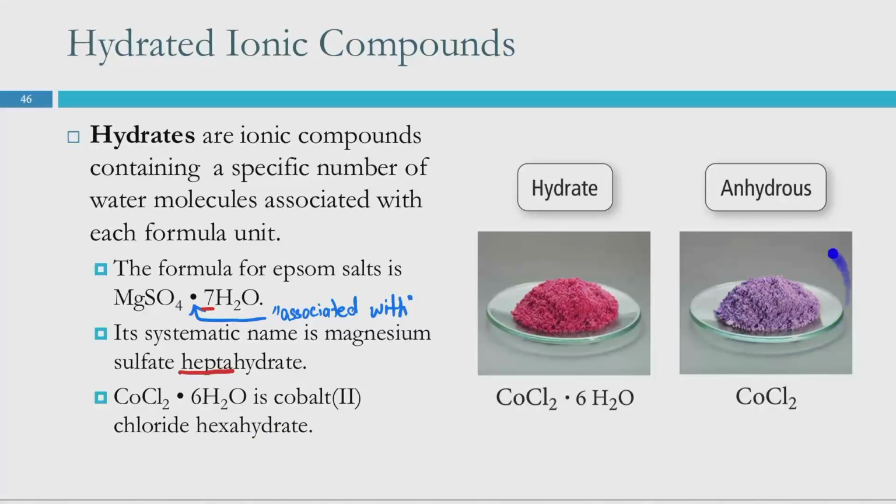There's also an anhydrous version. The an prefix meaning no. Anhydrous meaning no water. So without water, or the hydrate with water. Hydrates generally are ionic compounds with water in them.